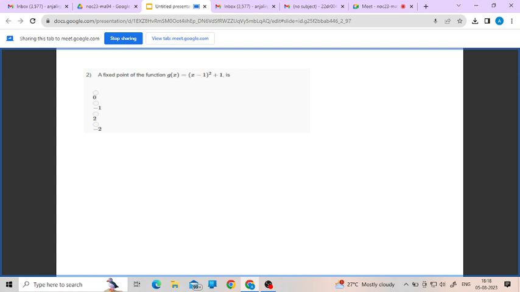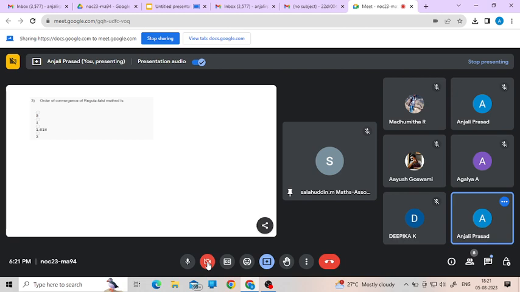So can you go through the method, how you are getting the order of convergence of regula falsi method? You know the process, right?